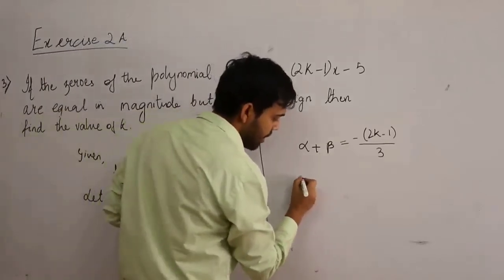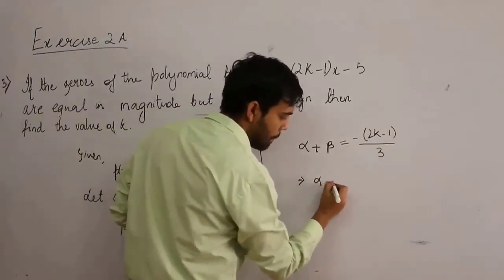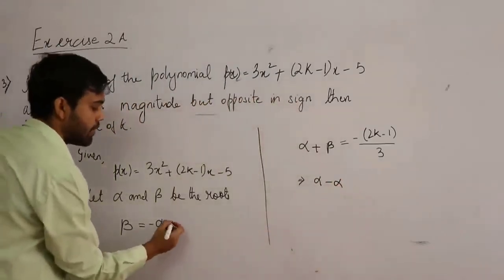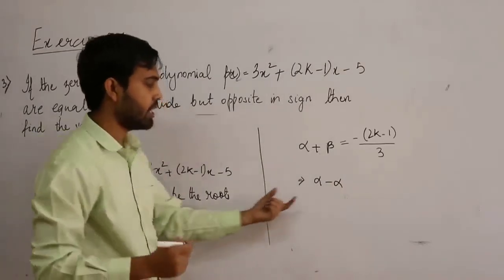Now from here we know that my beta is equal to minus of alpha. So I have alpha, and instead of beta I am putting minus alpha. How do I know this? I am using this. If this is my equation 1, I am using equation 1 in here.